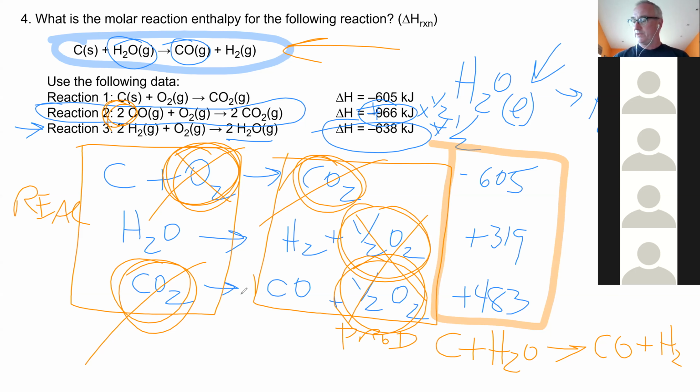So we just take minus 605 plus 319 plus 483. So our final number is plus, and it's important to have the plus there, 197 kilojoules. So that would be the molar reaction enthalpy for this reaction, plus 197.